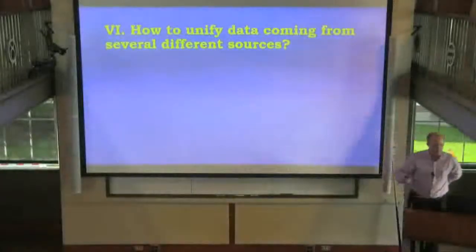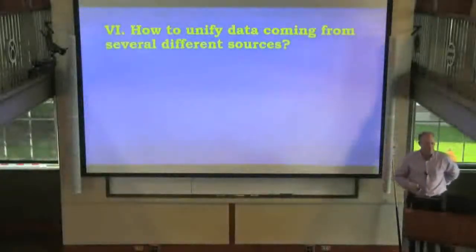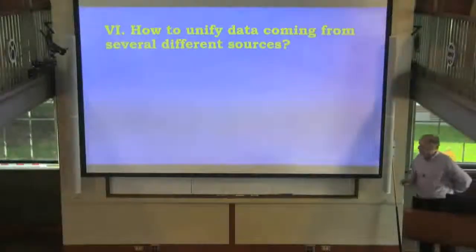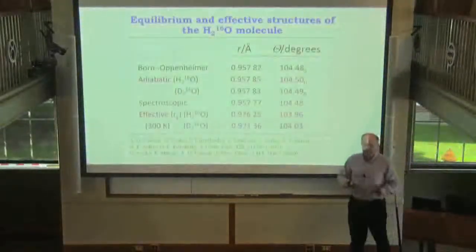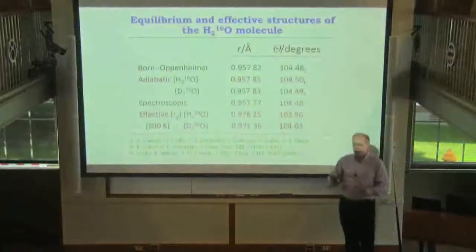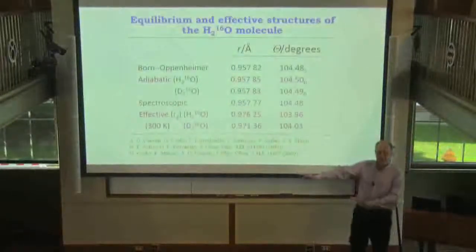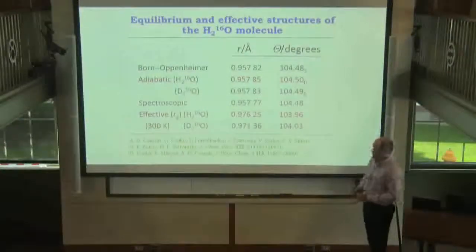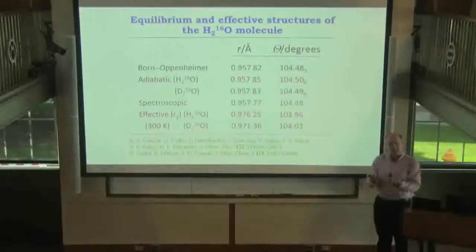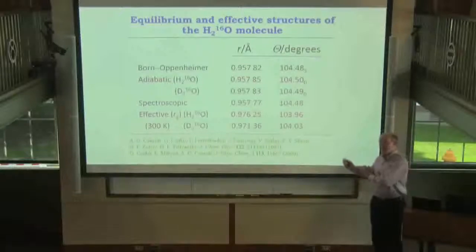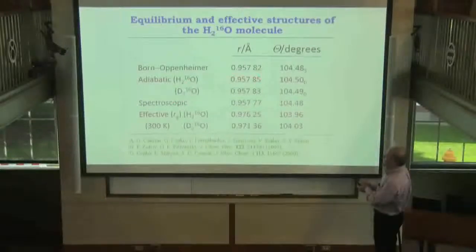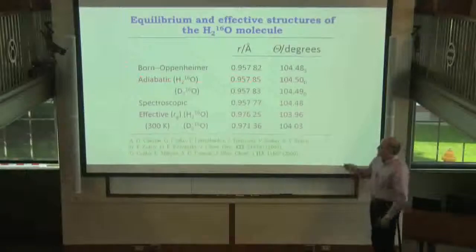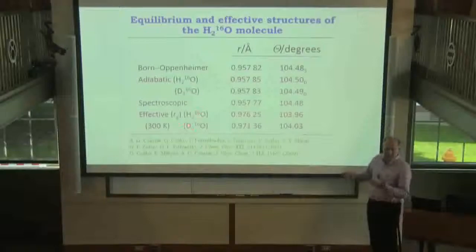Now I would like to do about one more thing, how to unify data coming from the different sources. So this part of the talk will show to you that, again, just for the simplest molecules, let's say for H2O, you can really go from Born-Oppenheimer equilibrium structures to experimentally measurable structures. So if you have the equilibrium structure, let's say adiabatic equilibrium structure, you can do some averaging and can come up with RG parameters at any temperature for any isotopic substitution.